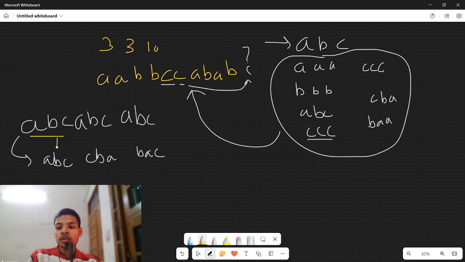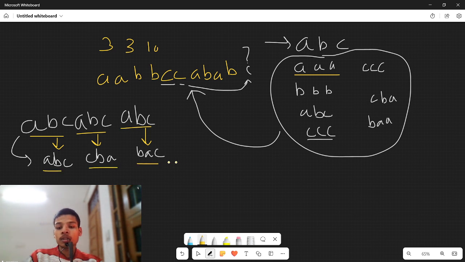For example, ABC should be here. The order does not matter in this case, but the number of times matters. For example, what is the length achievable? The length is 3. So at most I can get the minimum number of times. It should be 3 times here only.